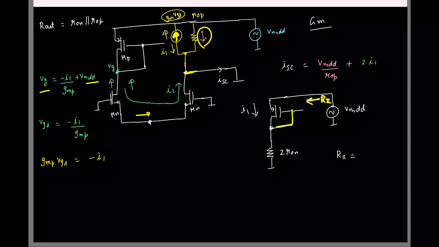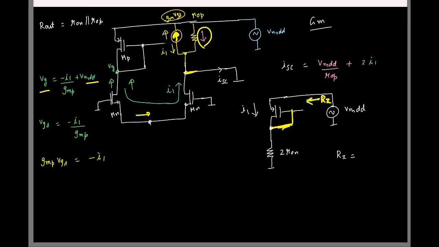I have this direct connection here from gate to drain. So this is a 2-terminal element or a 3-terminal element now? It's a 2-terminal element, so it's going to be a series combination of those two resistances. If this connection was not there, I could not use the series combination because it's a 3-terminal device.